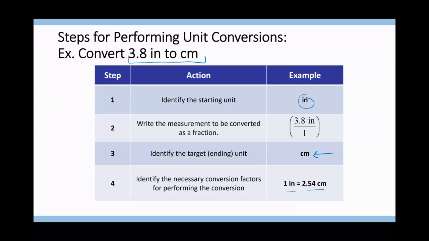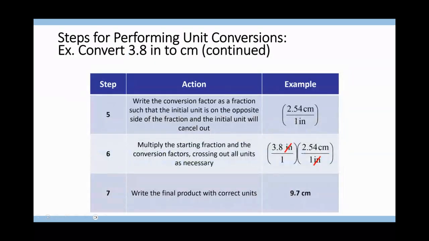Okay, so that's steps 1 through 4. Once you have all of that information, then we write the conversion factor as a fraction such that the initial unit, so inches, is on the opposite side of the fraction. So in this case, we put inches in the bottom when we do the conversion. That way, when we carry out the calculation, we cancel out that initial unit, which is shown in step 6.